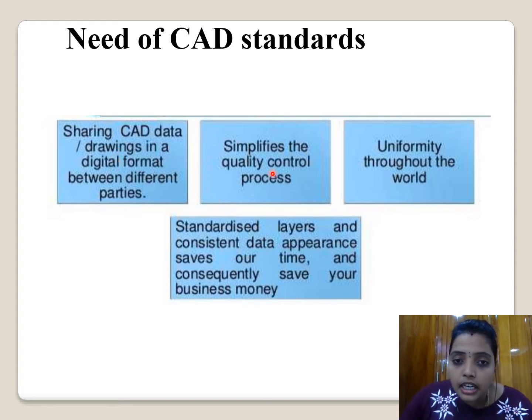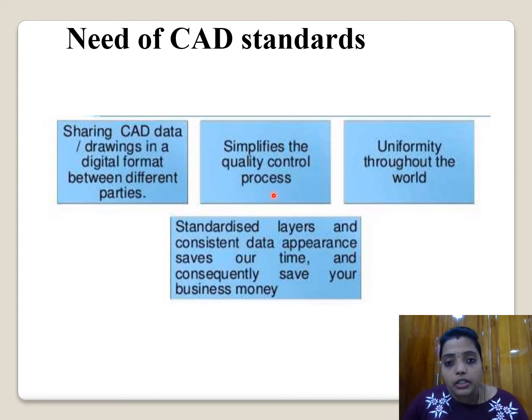After that, it simplifies the quality control process. Simplifying quality control means we design the object in the software only, and in the analysis part we apply loads also. Whether it can withstand them or not, we observe everything in the software only. That means we are reducing the cost of labor and the cost of productivity, by using this CAD software.